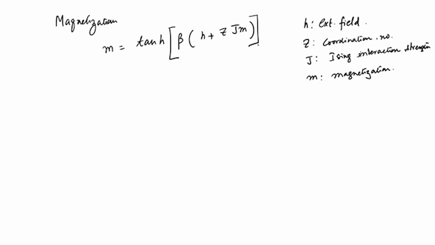And what we have also seen is the critical properties of this magnetization, or rather how exactly it behaves at temperature very close to Tc. To remind you, this beta is the inverse temperature, which is 1 over kT.